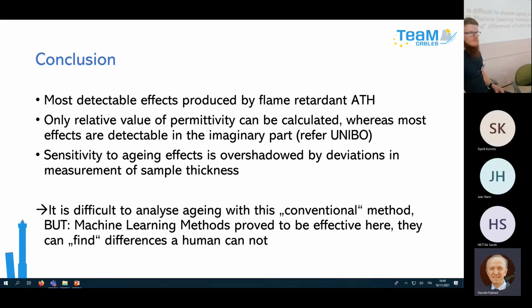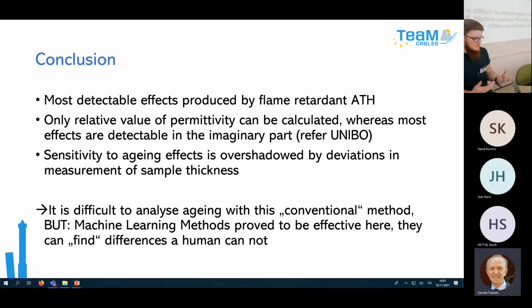But as a complete conclusion, we can say with the conventional method that most detectable effects are produced by the flame retardant ATH due to being metal, and only the relative value of the permittivity can be calculated, also in a whole different frequency area than Unibo is working, of course.